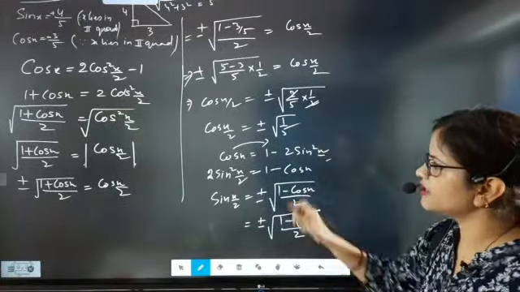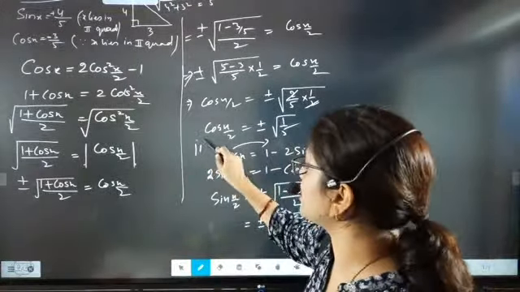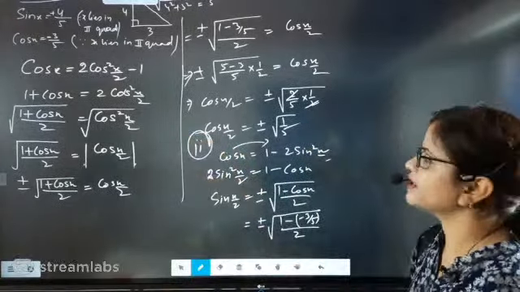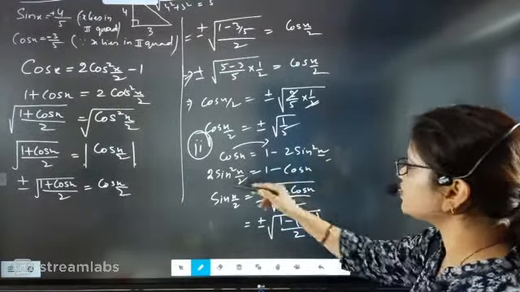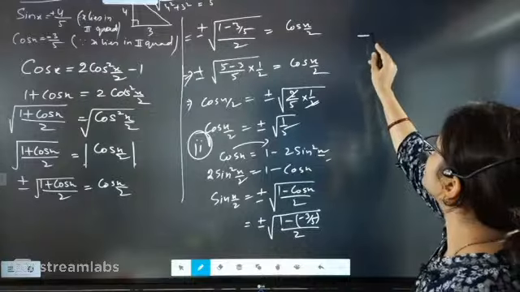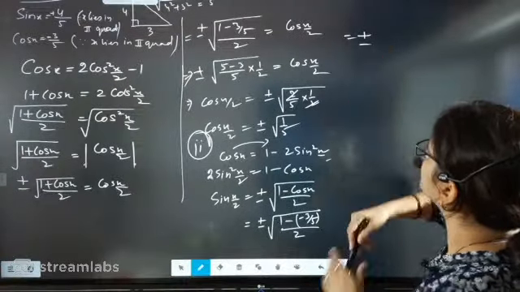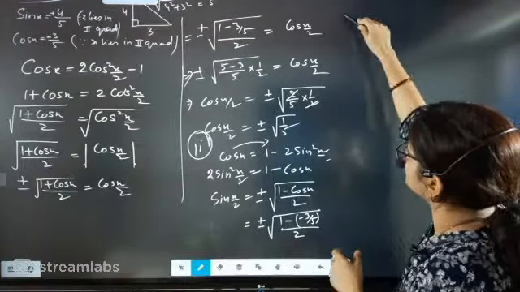Understood what I have done here? Second one, I started solving the second part. Now beta, here it is coming cos x equals 1 minus 2 sin square x by 2. This part shifted, we got sin x by 2 because we have to find sin x by 2. Now here it will become plus minus sin x by 2 only.